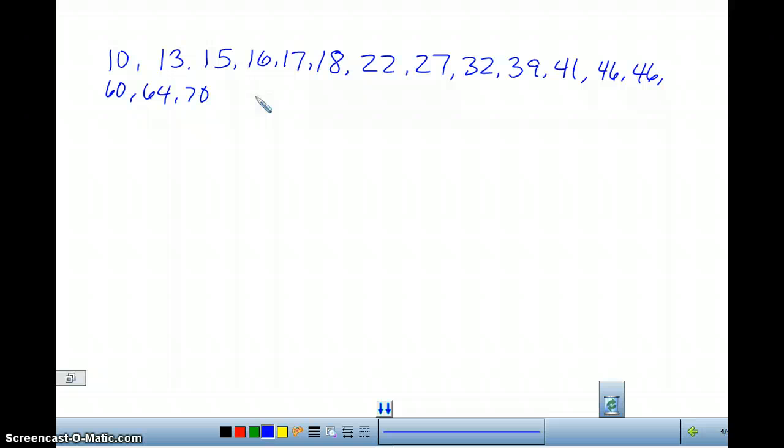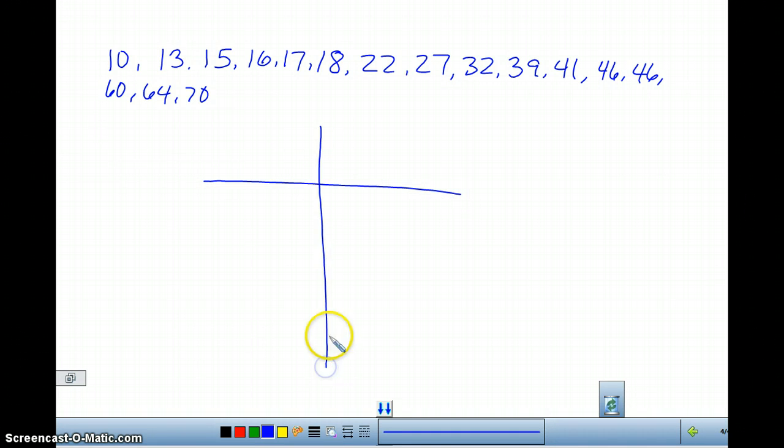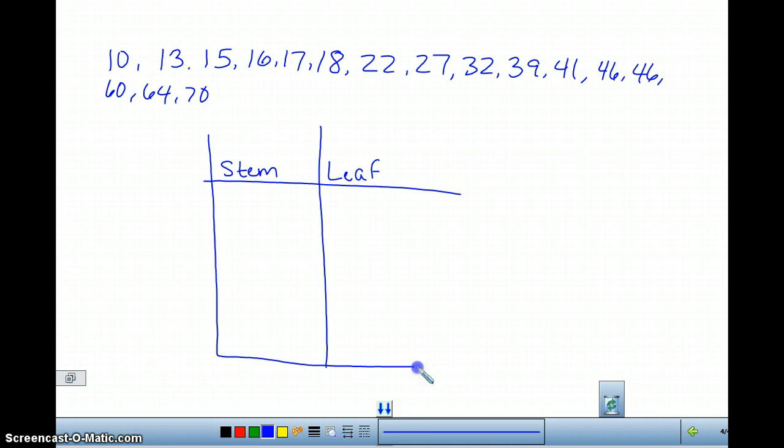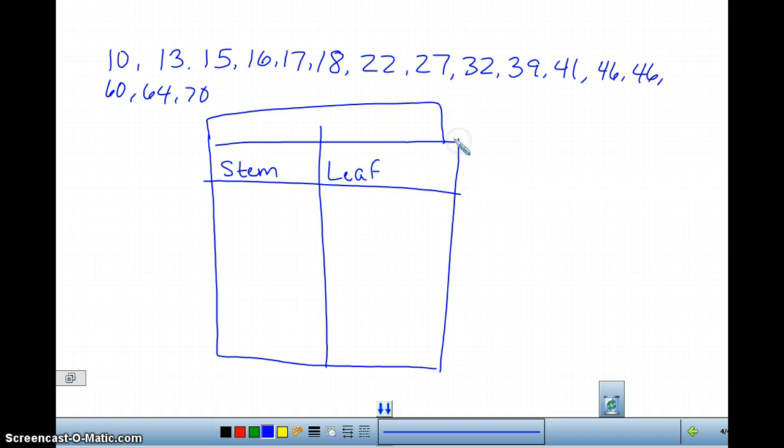All right. So we need to make our stem and leaf plot for this. So we know that we have to have one side that says stem, one side that says leaf. We need our title at the top.